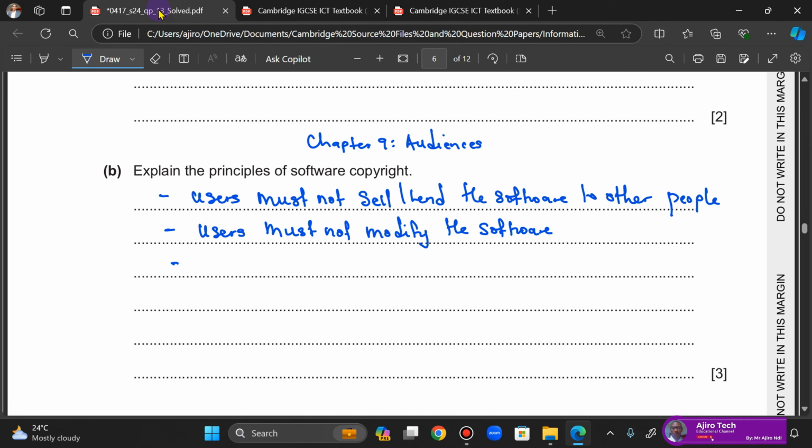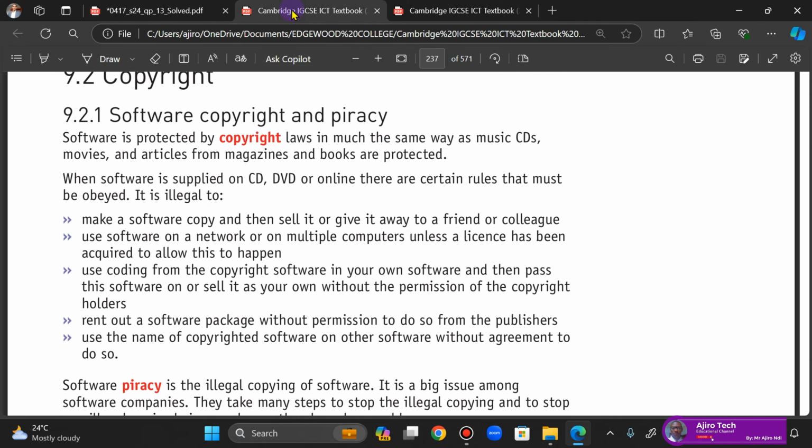Okay, see another one. Don't use people's code. Yeah, people are very fond of doing that, right? You rent a software without permission, use the name of the copyright owner on that software without agreement to do so, use coding from the copyright software in your own software. Please don't do that. Okay?